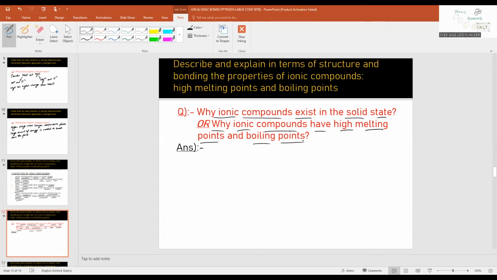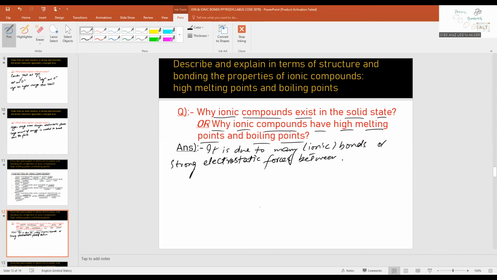It's due to many ionic bonds, or strong electrostatic forces between the ions, or giant structure.